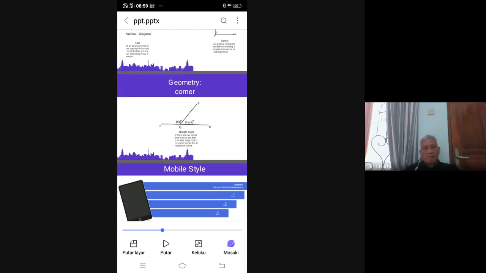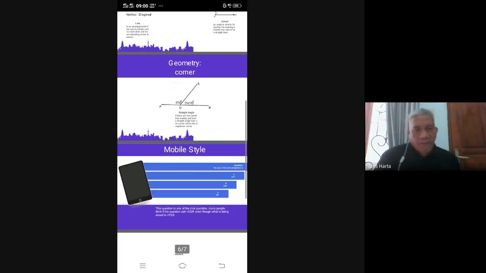The definition of straight angle is if there are two corners that overlap and form a straight angle, then one corner will be the supplement corner. And there is a question and the options in the next slide.